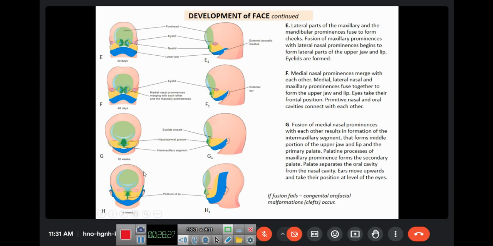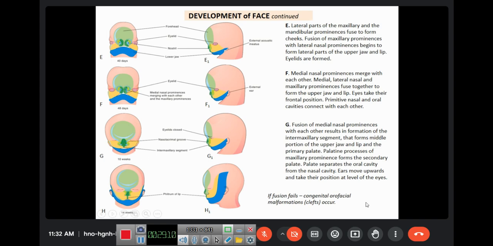Ears also move from the neck region upwards to find their final position. Also, as you see here, the lateral nasal processes will form the lateral parts of the nose, and the maxillary processes fuse with lateral nasal processes in this region of the nasolacrimal groove, and also maxillary processes fuse with the medial nasal processes to form the mid portion of the upper lip.